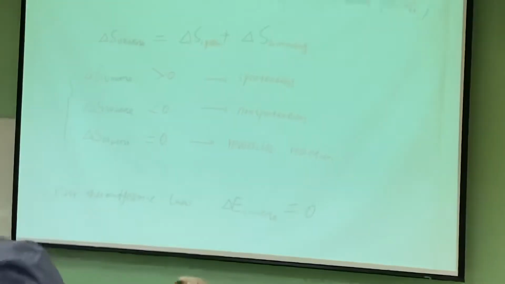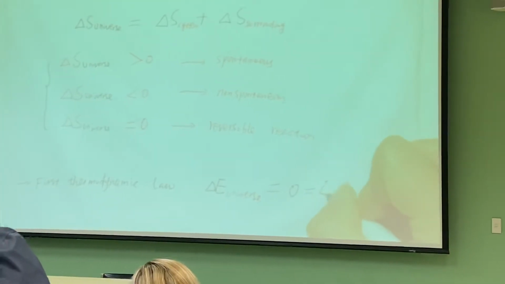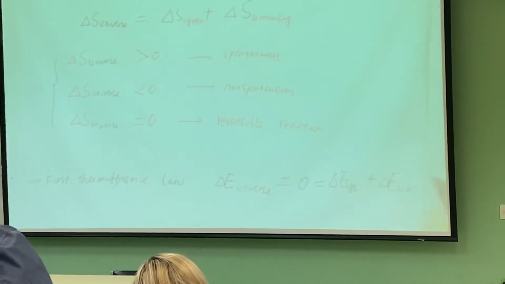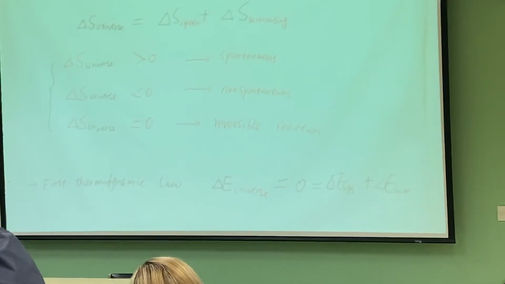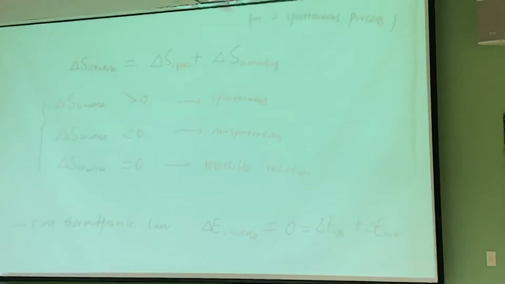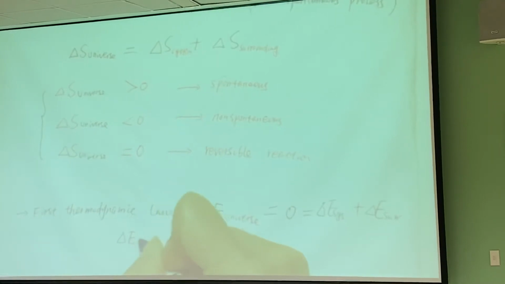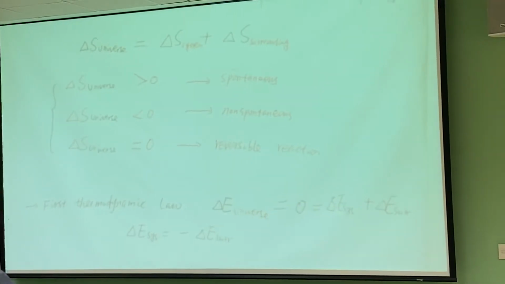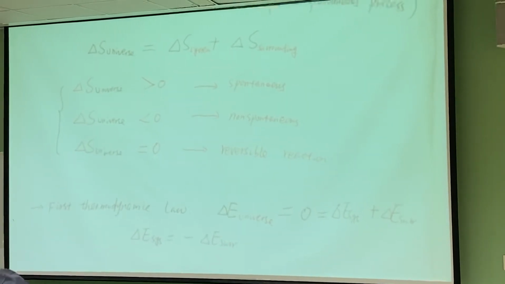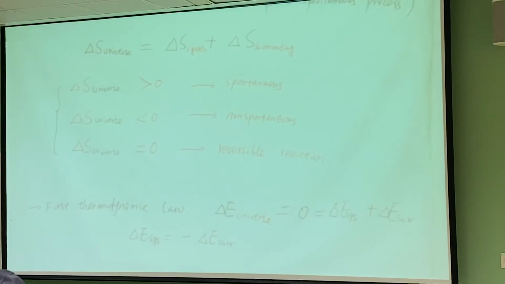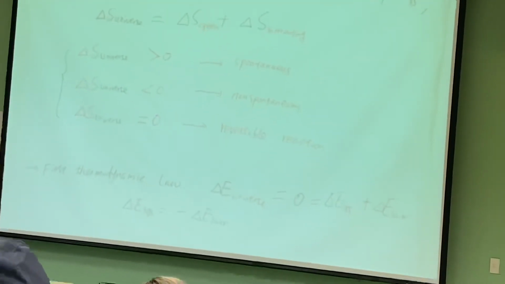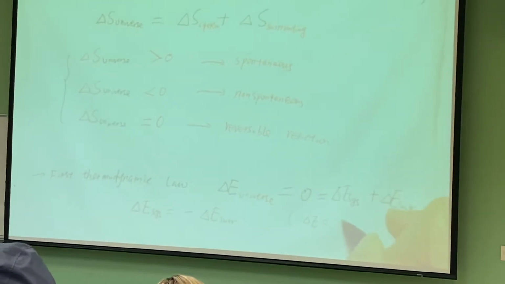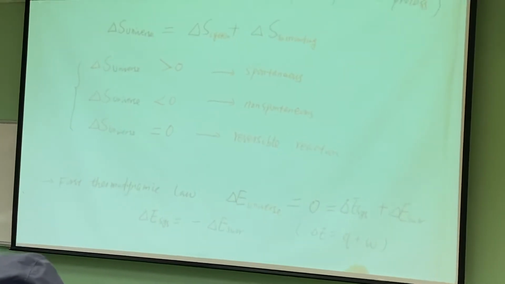And we already know this 0 is delta E system plus delta E surrounding. I'll write one more step: delta E system equals negative delta E surrounding. And we already know that when we start a system in a certain volume, delta E usually equals Q plus W. Let me go back to review.